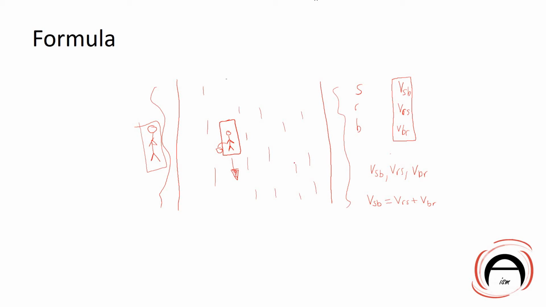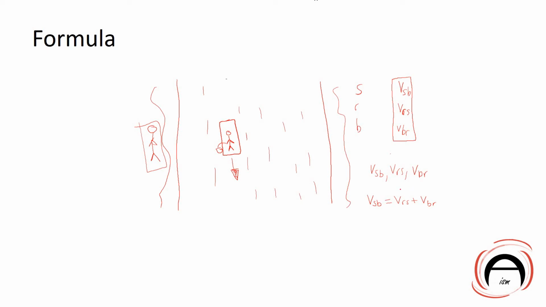If you think about it, this makes sense, because the velocity of the shore relative to the boat is just going to be whatever speed the boat is going at. So the boat is going at a speed of you rowing the boat plus the speed that the current is going, since you're rowing in the direction of the current.